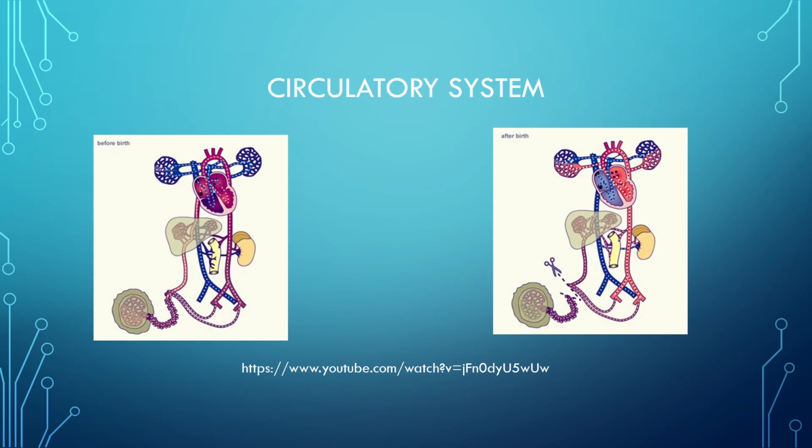That connects the umbilical vein to the inferior vena cava, and that will close. The other two are the main ones that we get worried about because they're up by the heart. The ductus arteriosus closes within about 15 hours of birth. But that can remain open or reopen when the lungs fail to expand or hypoxia occurs. And the foramen ovale should close within about 24 to 48 hours after birth.